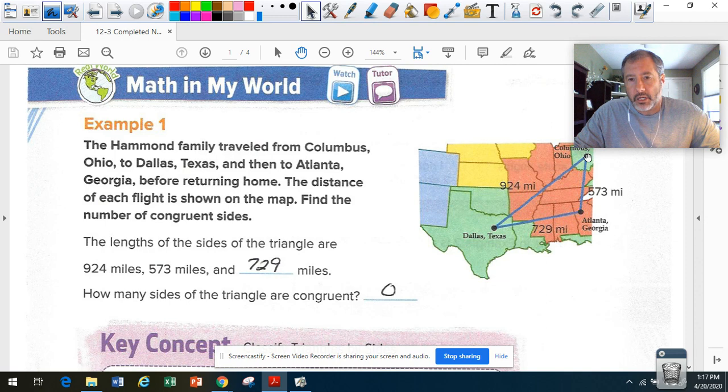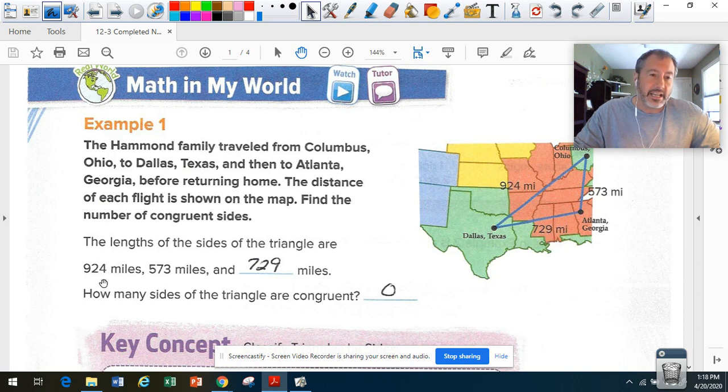From Columbus to Dallas, Texas, it's 924 miles. From Columbus to Atlanta is 573 miles. Now they're asking, what's the distance from Atlanta to Dallas, Texas? This number here is 729 miles.